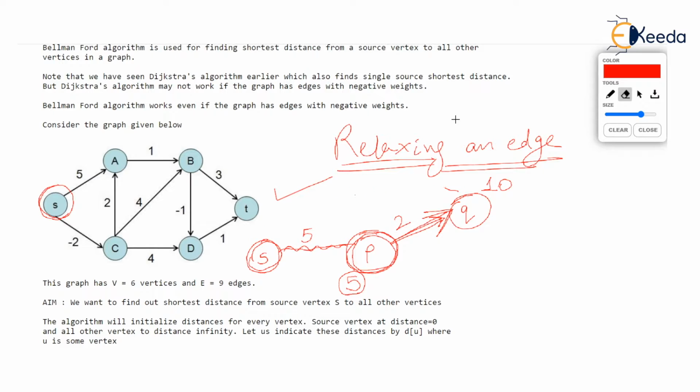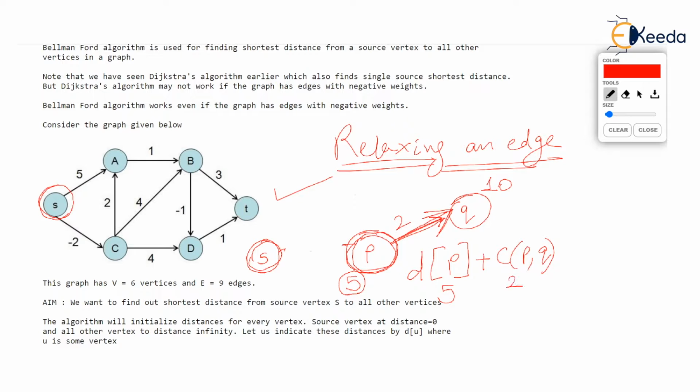Now, what do we mean by relaxing an edge? We will check whether the sum of the distance of vertex P, let's say dP indicates that. dP means distance of vertex P, which is 5, added with the cost of P to Q, which is 2.